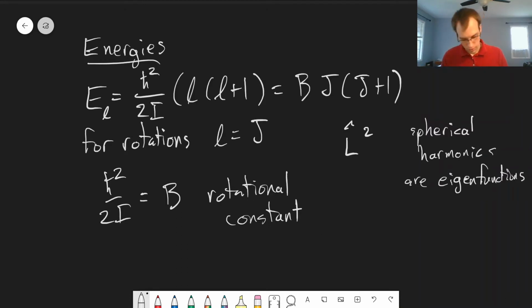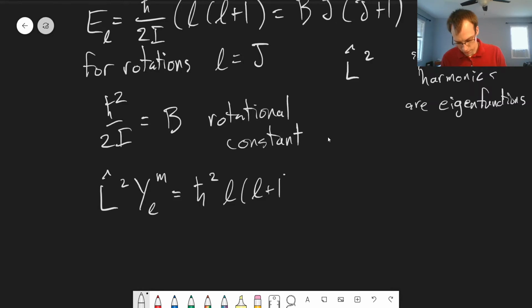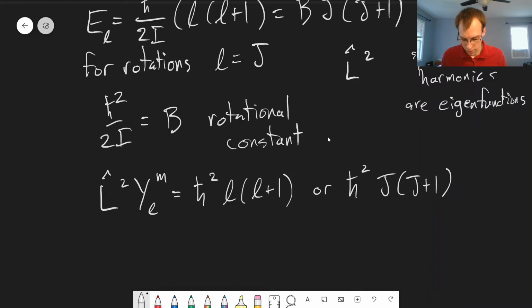So L squared operating on Y_LM gives us h bar squared times L times L plus 1. Or if we want to write this in terms of J, h bar squared times J times J plus 1. So almost the same as the energy, just without the 2I that's present.